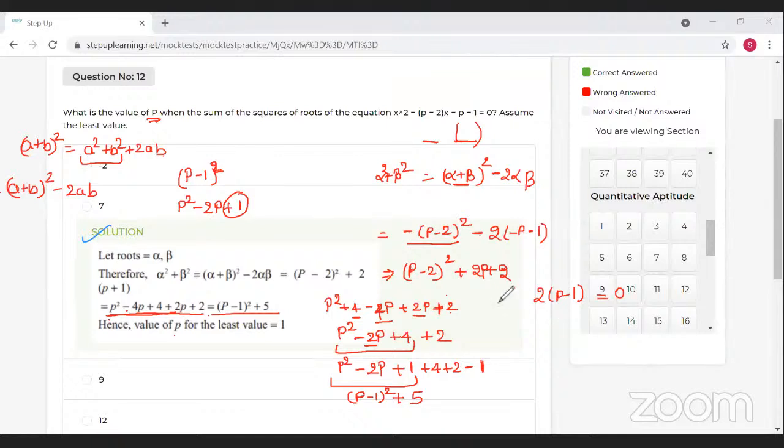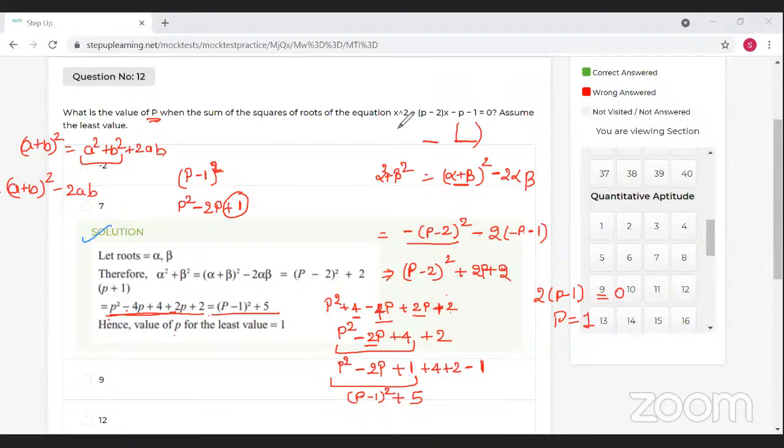So p is equal to 1 basically. Correct. So that I would have got directly from here only. But how are they getting 7 then?